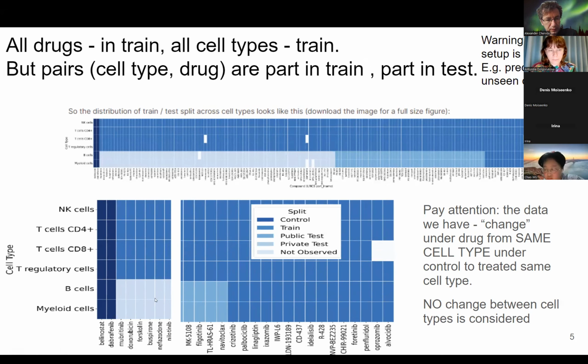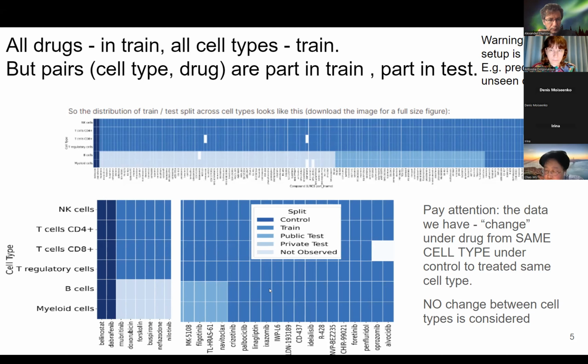Yeah, what I'm confused about is that you can see on this picture that there are values in the trained set for B cells and myeloid cells just for other drugs. And as I understand it, we make a comparison between a cell affected by any drug and the cell affected by DMSO, so it doesn't matter.